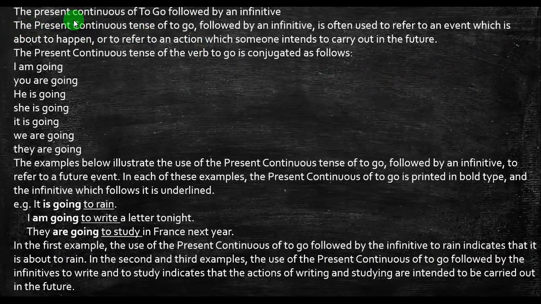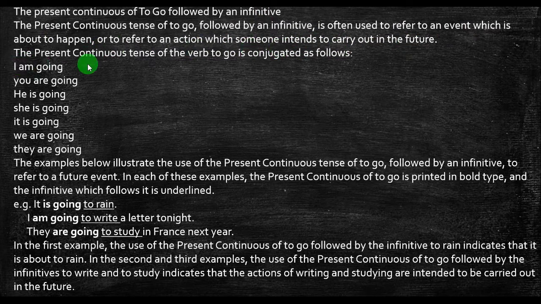Let's learn another interesting thing about simple future tense. And the interesting thing is कि हम प्रेजेंट कॉन्टिन्यूअस स्ट्रक्चर भी यूज करते हैं फ्यूचर के बारे में बात करने के लिए. आओ सीखें कैसे. So the present continuous of to go followed by an infinitive is used to refer to an event which is about to happen or to refer to an action which someone intends to carry out in the future.